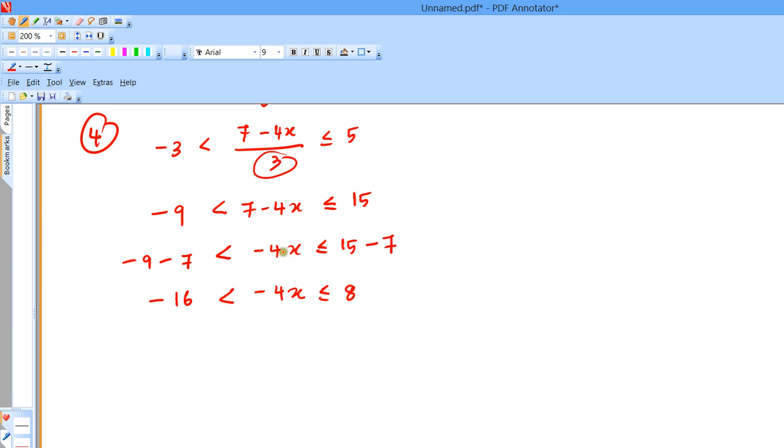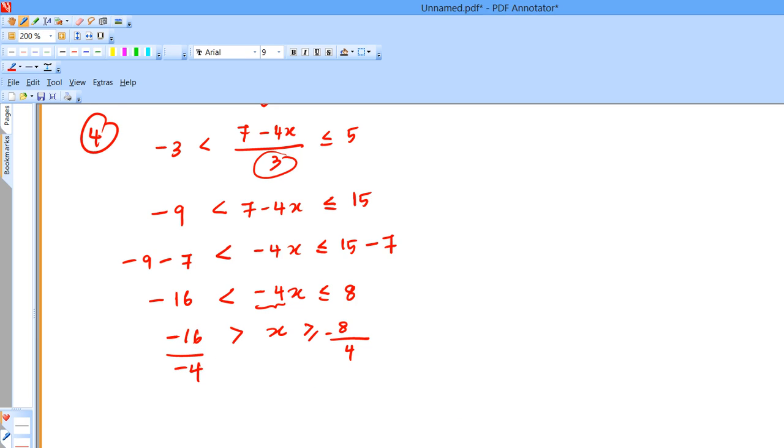Next, you just need to divide by negative 4. Since the coefficient is negative, the inequality symbols will change because we divide by a negative term. So x greater than or equal to 8 divided by negative 4, and greater than becomes less than, negative 16 divided by negative 4.